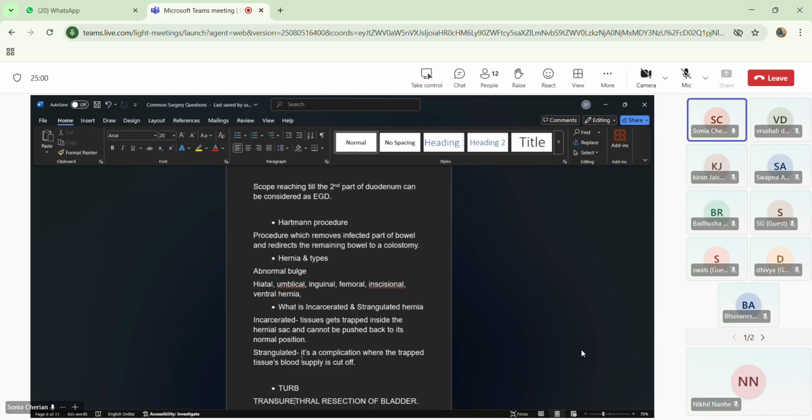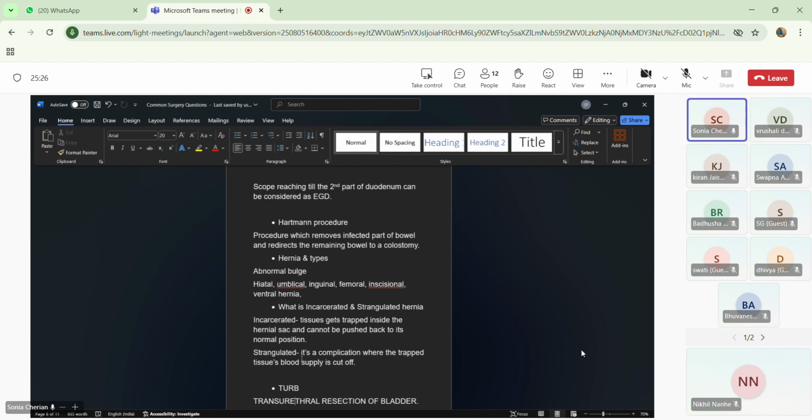They will make an opening in the abdomen and connect that remaining part to the outside of the abdomen, so that whatever they eat, the waste materials will come outside through that stoma. Okay, so that stoma becomes their anus. So that is what we mean by Hartmann procedure.